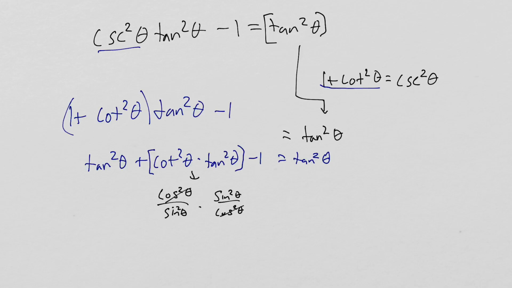And if you look at that, everything cancels out, and we know that this piece is going to equal 1. We'll drop down the rest of the things. 1 minus 1 is 0, so we are left with tangent squared equals tangent squared, and we've solved that trig identity.